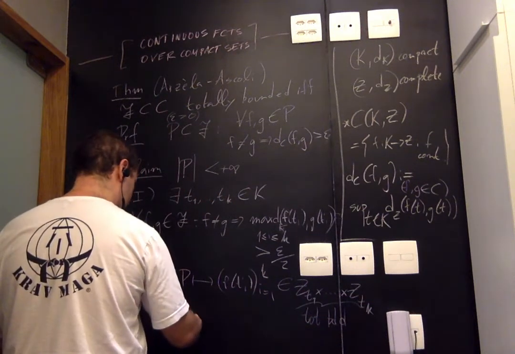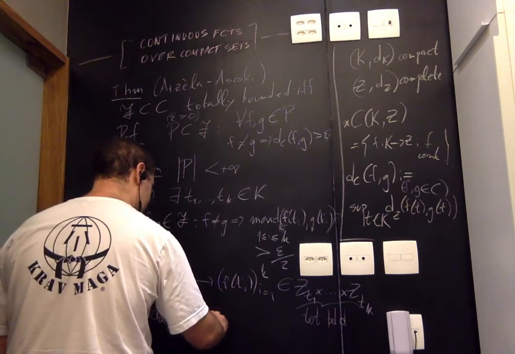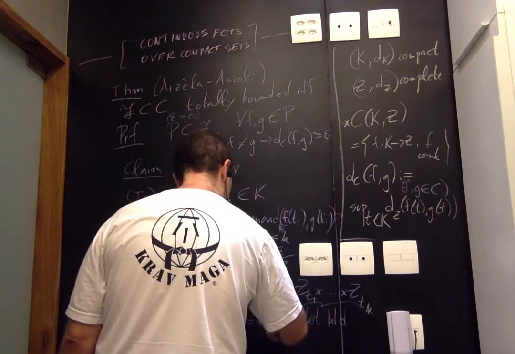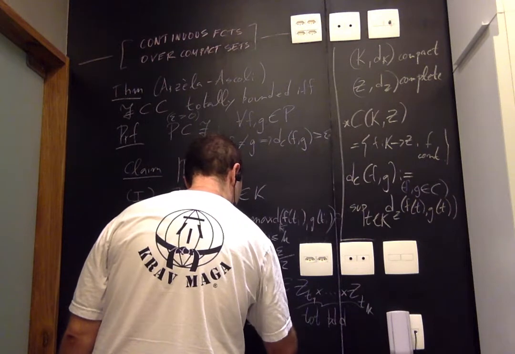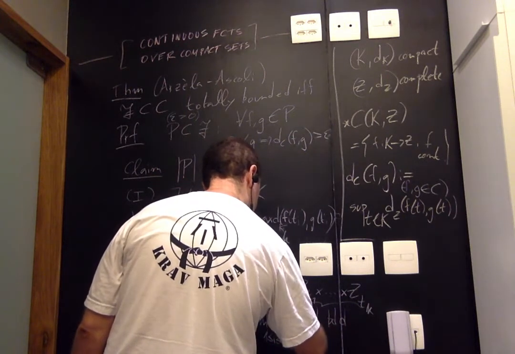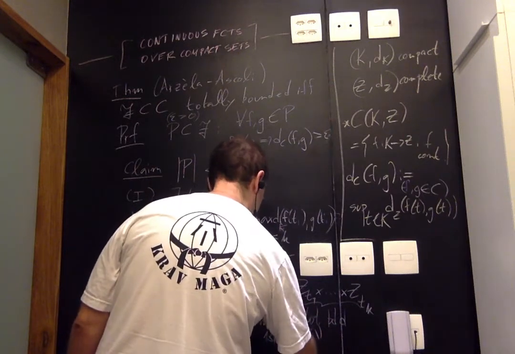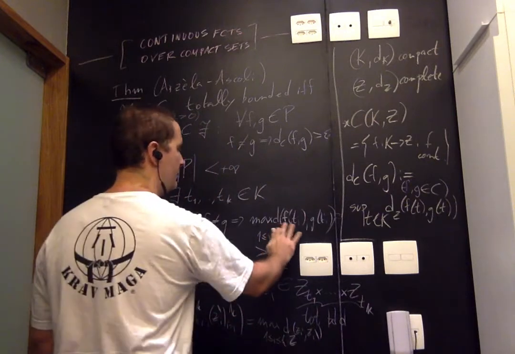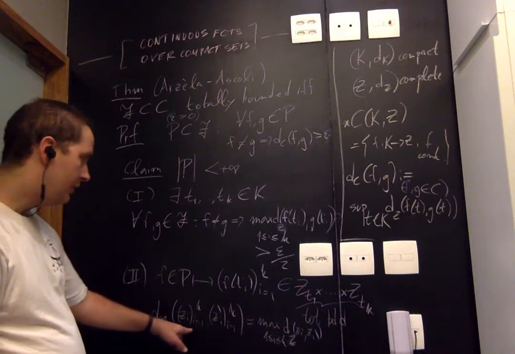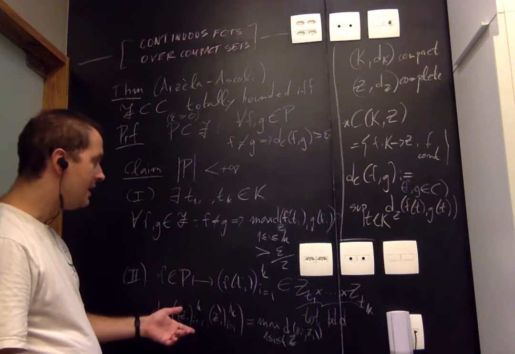If I take two vectors in this space, I'm going to use this max metric. And this is Z, not Z^k, because these functions take values in Z. So I'm going to argue that this set with this metric is totally bounded. And once I have that, I'm done.